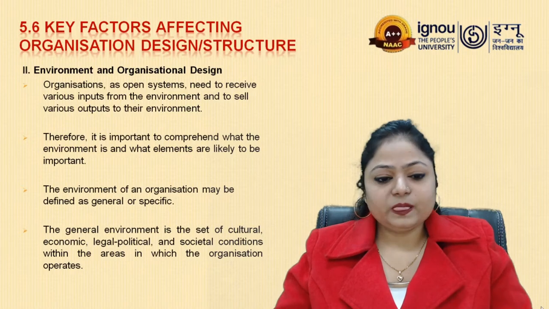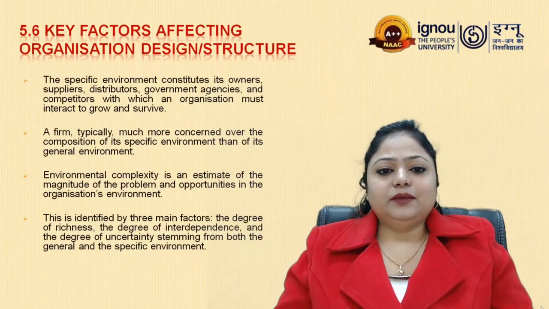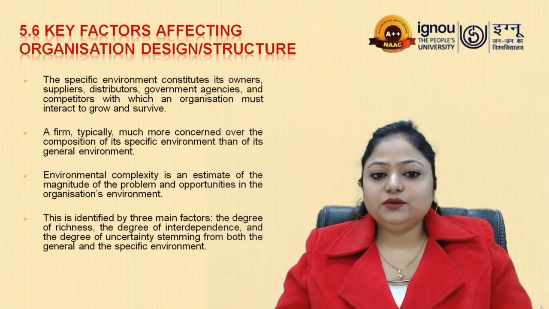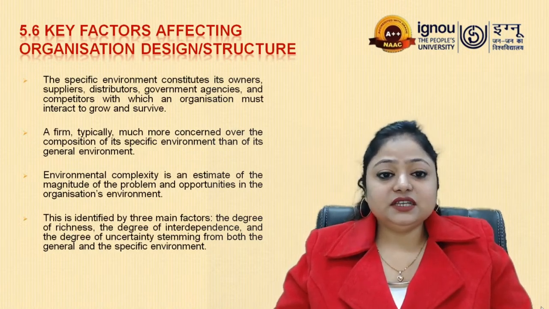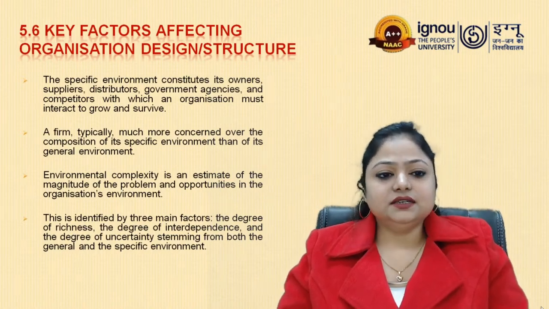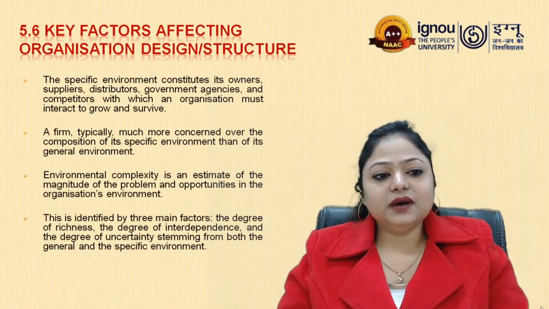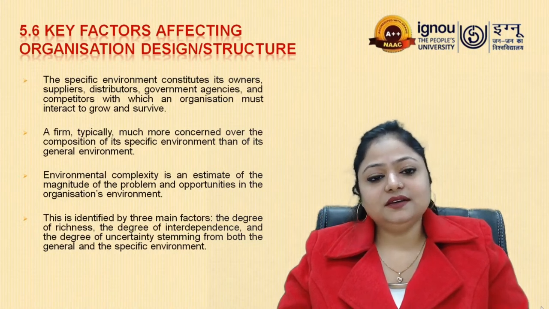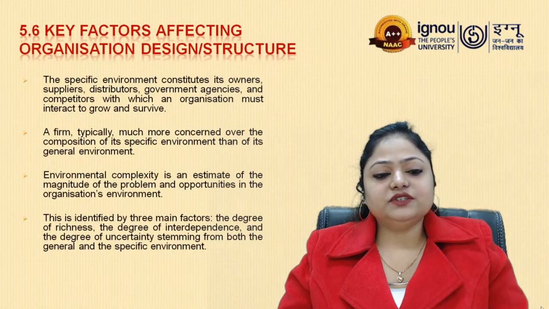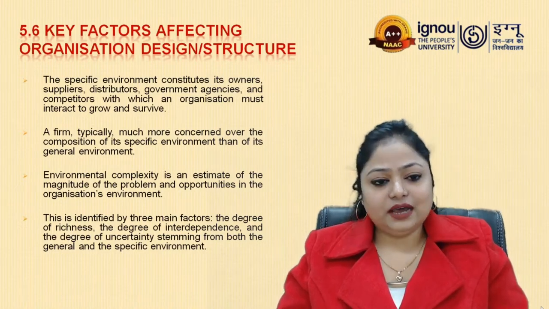Then the specific environment consists of the organization's owners, suppliers, distributors, government agencies specific to that particular sector or industry, and competitors with which an organization must interact to survive. A firm is typically much more concerned with the composition of its specific environment than of its general environment.